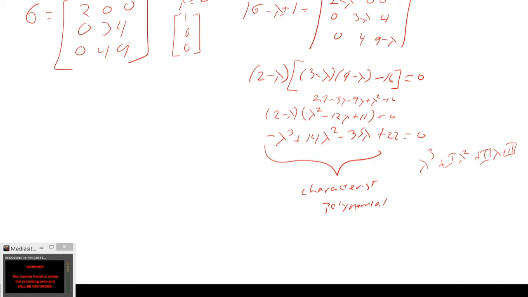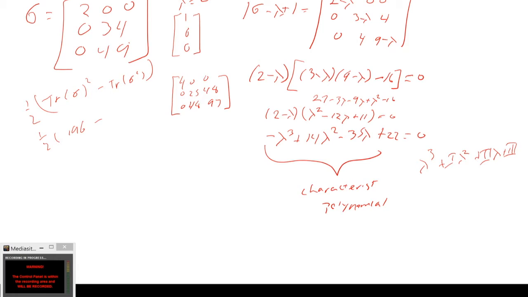What about our second invariant? Well, let's see. The trace of sigma is 14, and 14 squared is 196. Sigma squared, I'm not going to work it out here, but is [4, 0, 0; 0, 25, 48; 0, 48, 97].